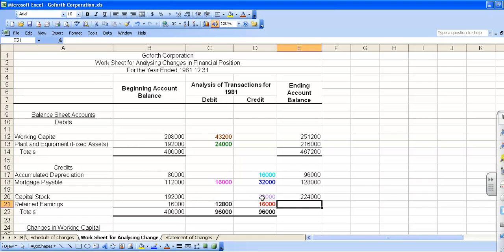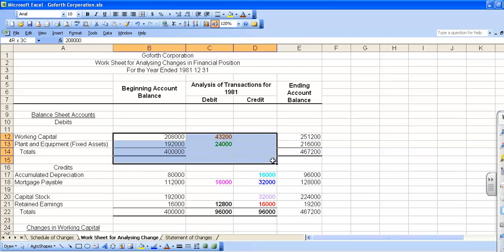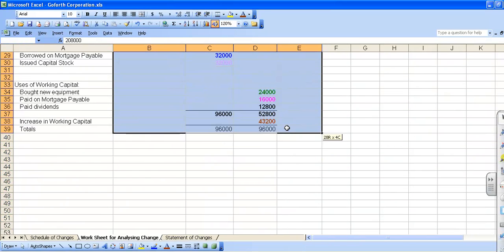Equals credit minus the debit plus the credit equals. When I add these credits up, they must equal that debit total that I got just above. 467,200 is correct.